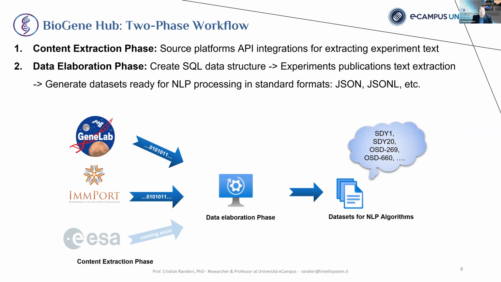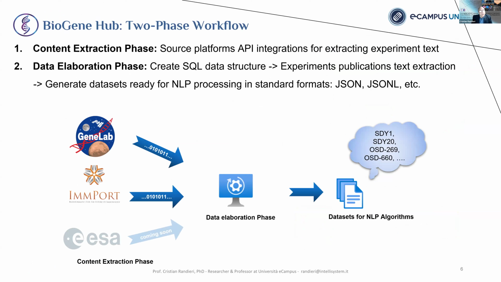BioGene Hub is composed of a 2-phase workflow. The first phase is the context extraction phase. Essentially, the source platform API is integrated for extracting experiment text from each platform.